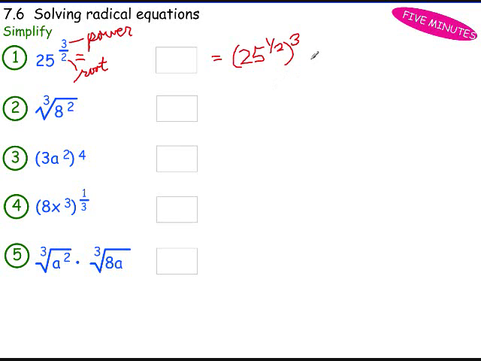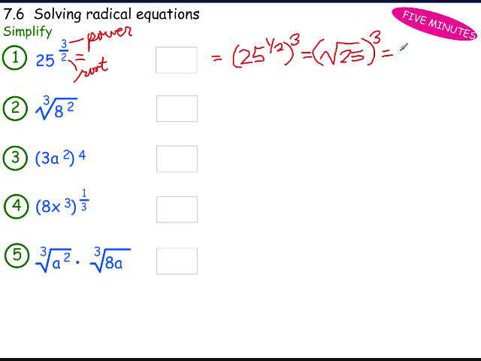Well, the 1/2 power of 25 is the same as saying what? That's right, the square root of 25. We have to remember that we're going to raise that to the 3rd power after we figure out what this is. It's not hard to figure out, is it?